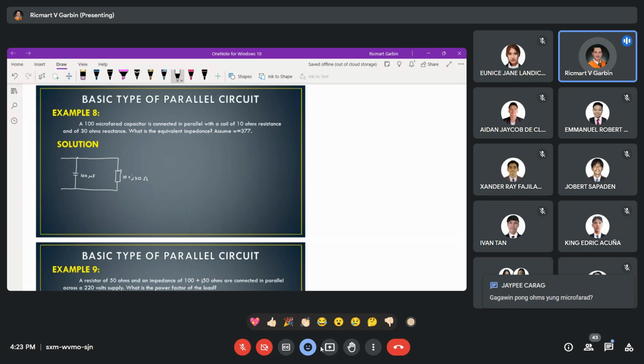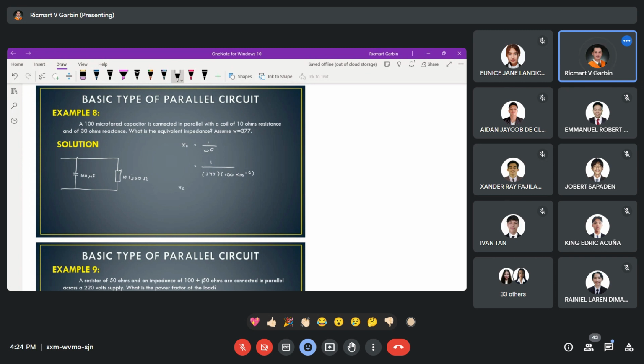Okay, so i-convert muna natin into ohms yung 100 microfarads. Ibig sabihin, kailangan muna natin kuhanin yung kanyang X sub C or yung equivalent capacitive reactance natin, which is 1 over omega C. So, 1 over, ang omega natin is 377 multiplied by 100 times 10 to the negative 6.